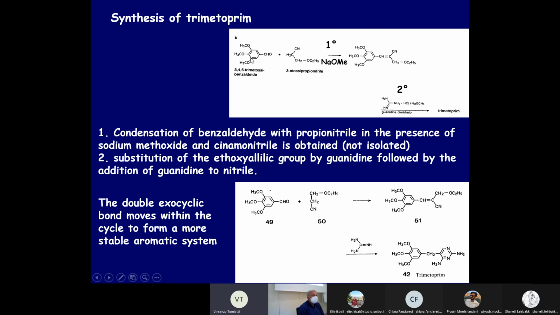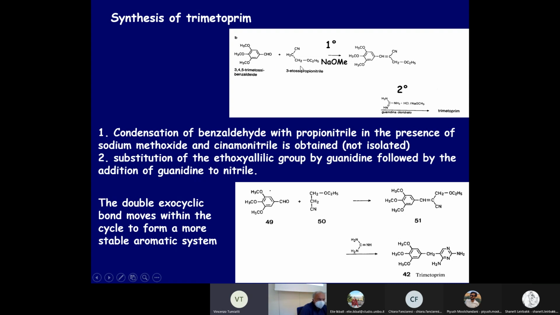We can start from a simple aldehyde, trimethoxy benzaldehyde. And we can put in the mixture 3-ethoxypropionitrile. It is a derivative of propionic acid. Perhaps you remember that the name of the nitrile is related to the name of the organic acid.